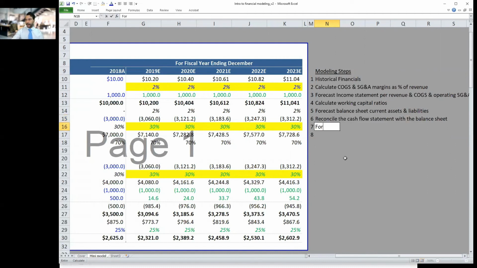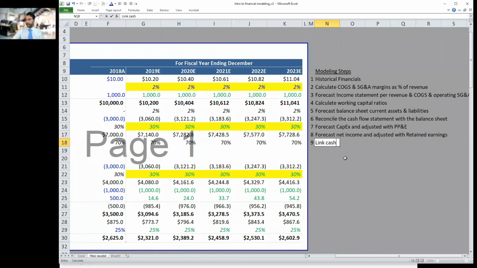Then we forecast. What did we forecast? I believe it was CapEx and adjusted with PP&E, property, plant, and equipment. We forecast net income and adjusted with retained earnings. Okay, and the final step was what?